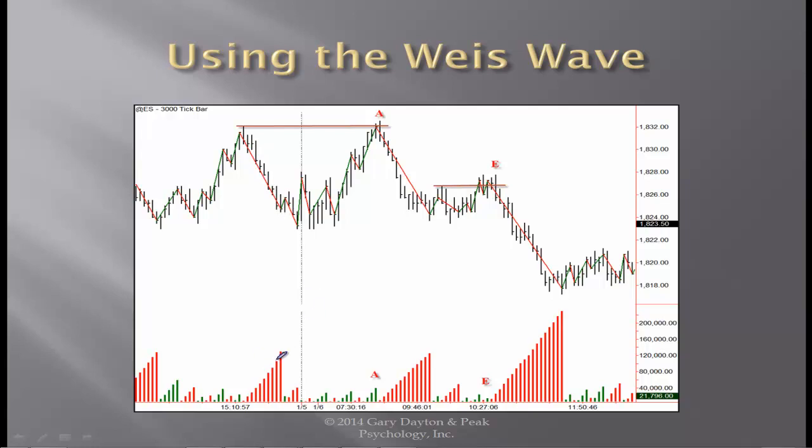It's adding up the volume. Well, we can see that there's very light volume on this rally up to A, and we saw that on the bar chart too. And then big volume coming down on this wave, and then look at the rally up to E here. This is the same area of E as before. Look at the volume.